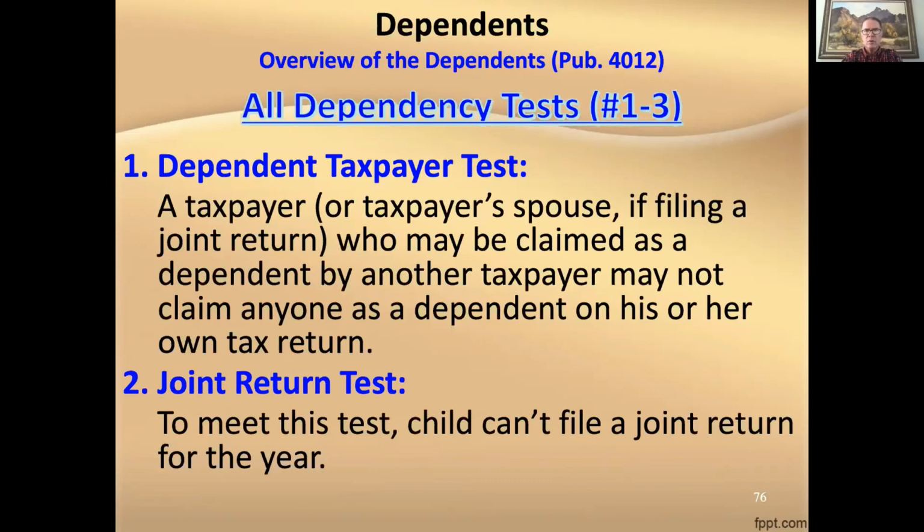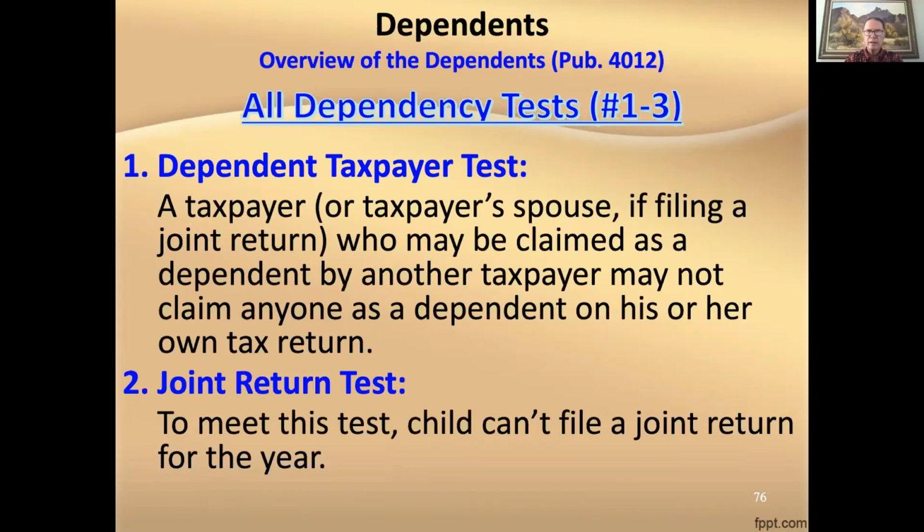Now, for qualifying child or qualifying relative, there are three tests. Both of them must pass these three tests. First off, a taxpayer who may be claimed as a dependent by another taxpayer may not claim anyone as a dependent on his or her own tax return. If you have a client sitting across from you, and they say, well, here's my dependent, you ask them, are you a dependent?